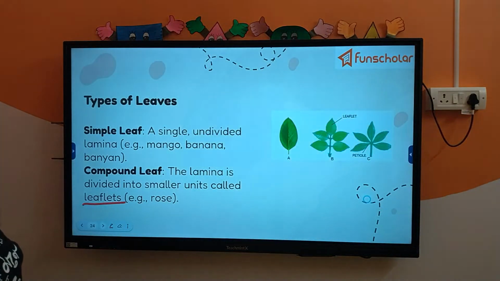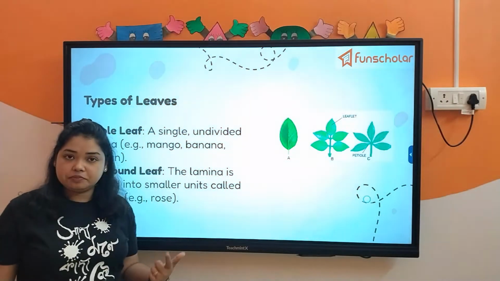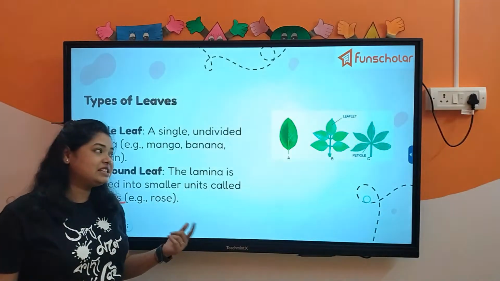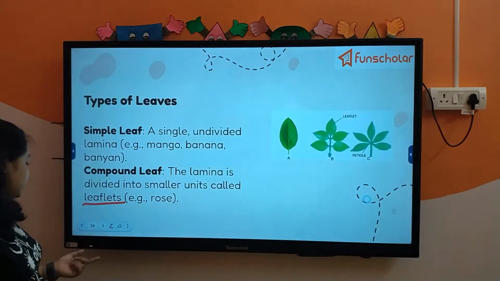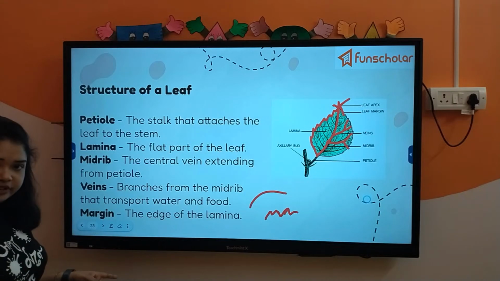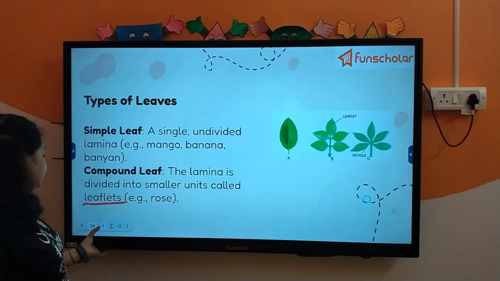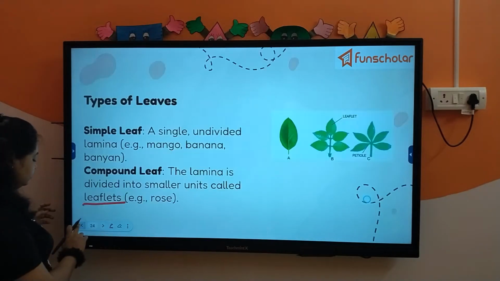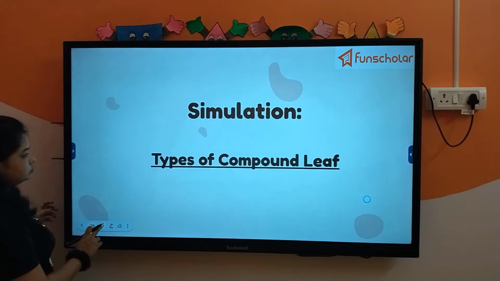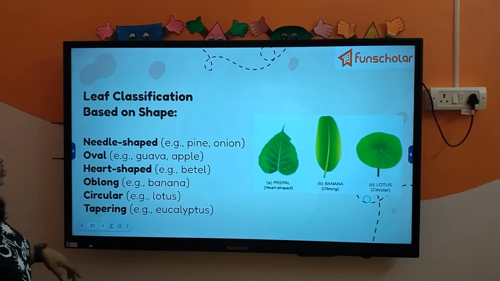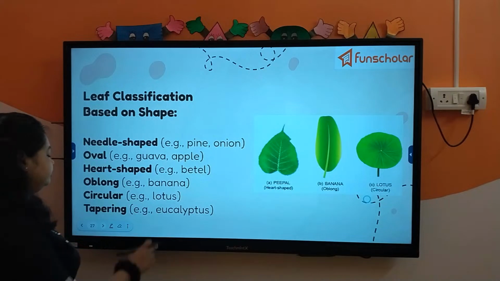The group of leaves will either share a single petiole or a single midrib or a single structure or more than a single structure from all these main structures of a leaf. So that type of leaf is known as compound leaf. Now, before going into the classification, we will watch another video based on the leaf.